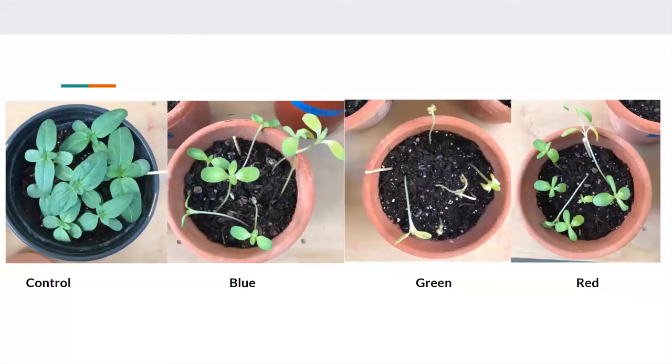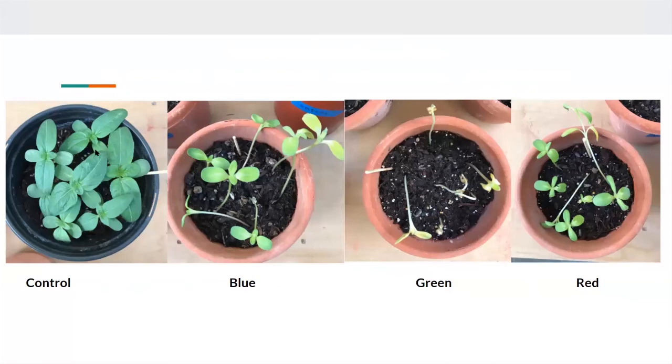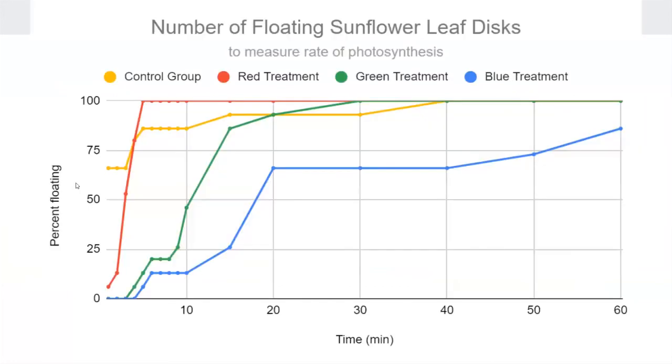And here's just another overhead shot of all the plants, which makes it even more of a stark contrast between the control group, which looks really healthy, versus the treatment groups, which are not doing too great, especially the green. In addition, I also repeated the rate of photosynthesis experiment that we did in lab a couple weeks ago with leaf discs from this control group to measure the rate of photosynthesis for all of the treatment groups.